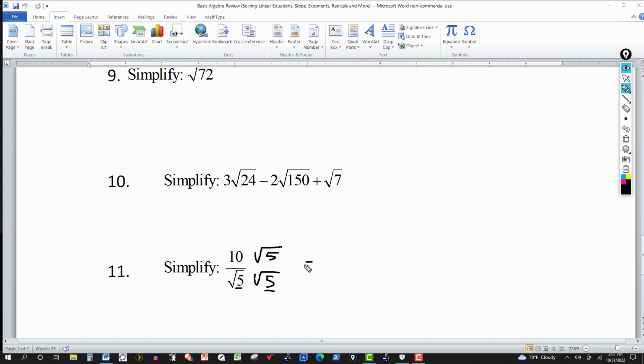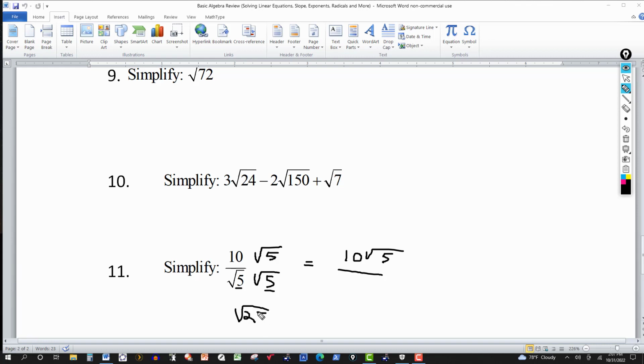This then gives me, see, all I'm doing is multiplying by 1. Radical 5 over radical 5 is 1. So all I'm doing is multiplying that expression by 1. Doesn't change it. Just writes it in a different form. So 10, that gives me 10 square root of 5. And then this, if I multiply this out, that's the square root of 5 times the square root of 5 is the square root of 25.